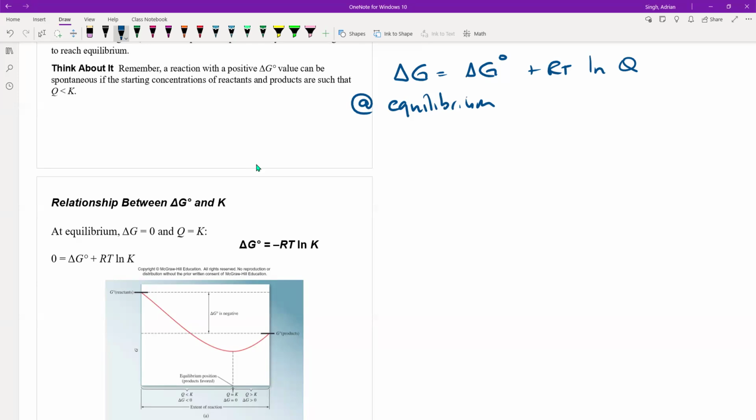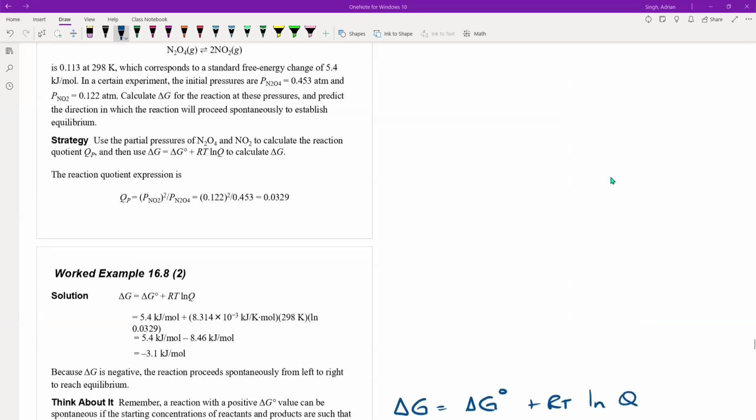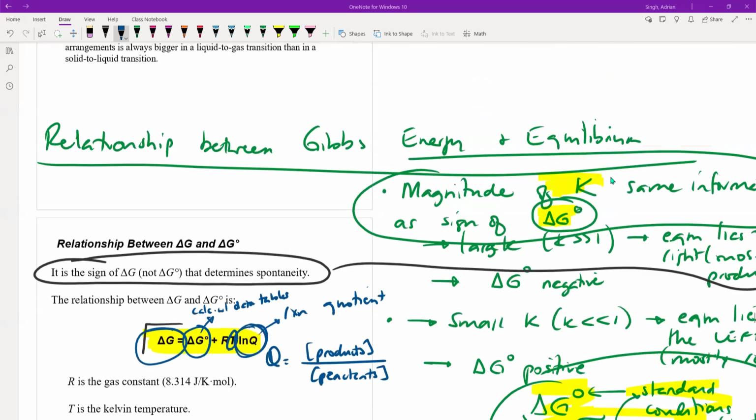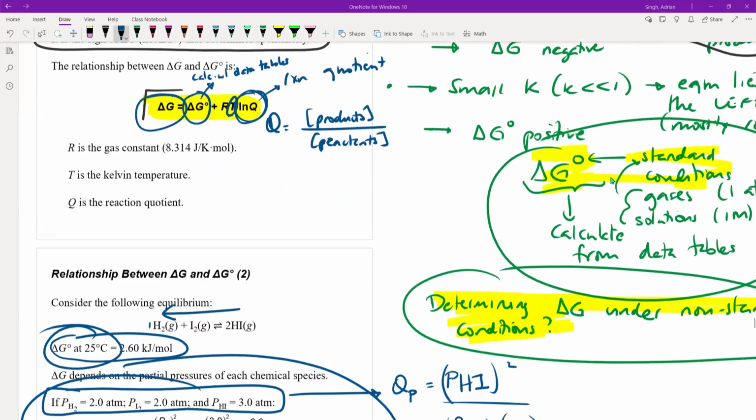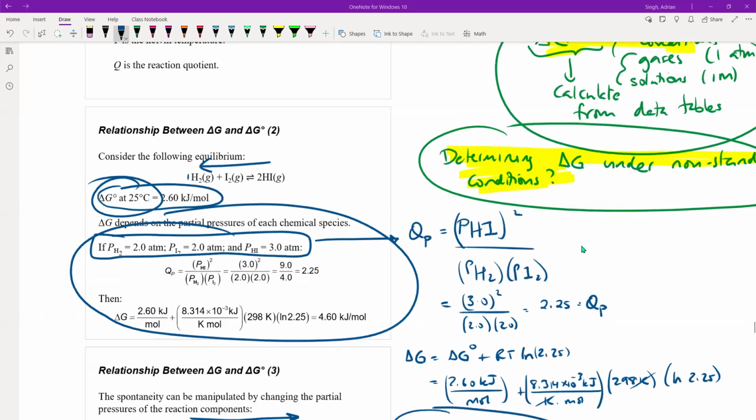So in this equilibrium state, we have Q, our reaction quotient, being equal to K, our equilibrium constant, right? Because that's what we have at equilibrium. What we also know at equilibrium, based on what we talked about previously, is that delta G is equal to 0.